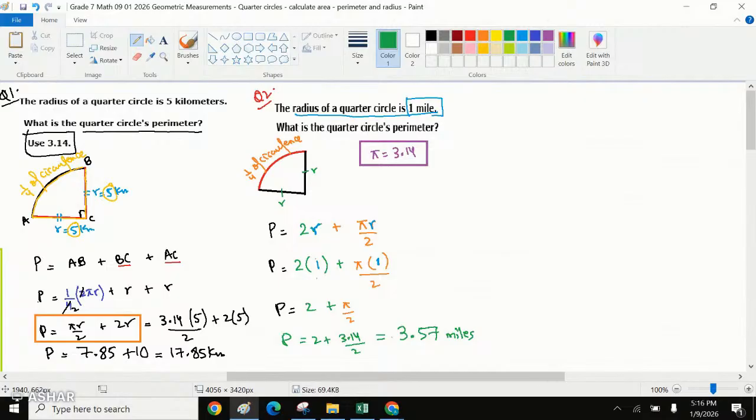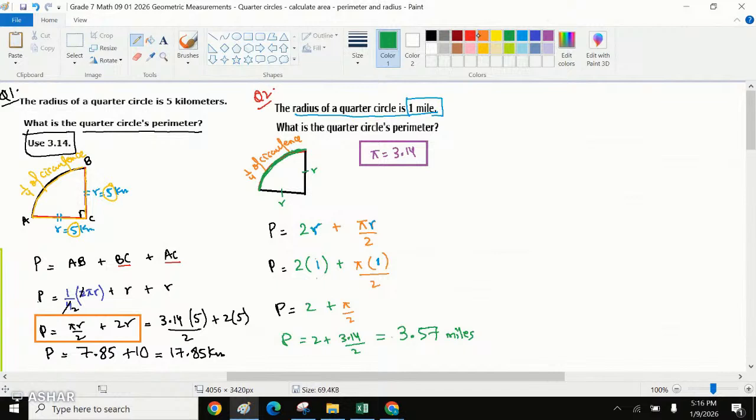See, the outer part, this circumference, is basically 1/4, right? I'll explain it again. How am I finding the curve part?